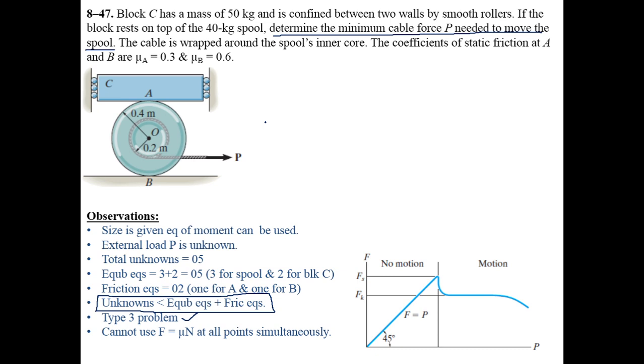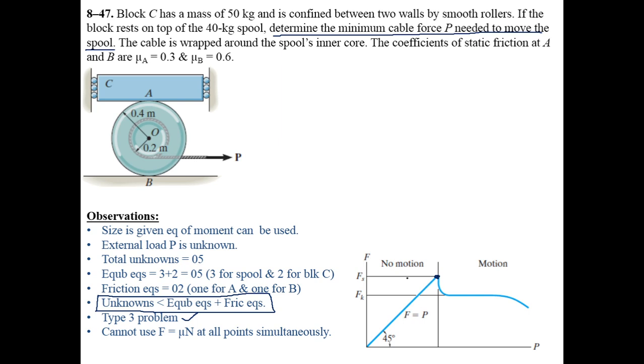And also you have listed down the observations now, and you see that I am privileged to use f equals mu n at only one point, either point A or point B. So only one of the points during my solution will be at this line where f equals mu n.